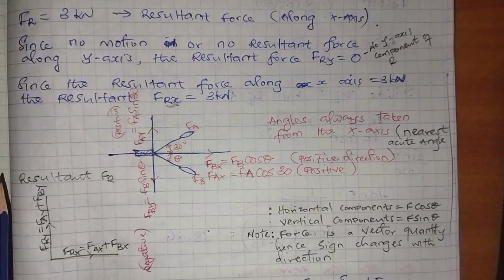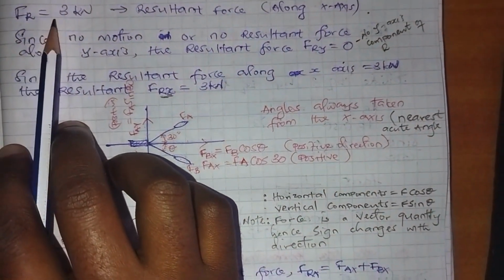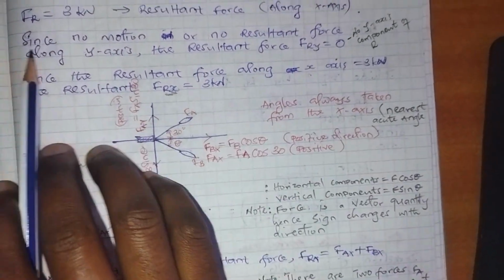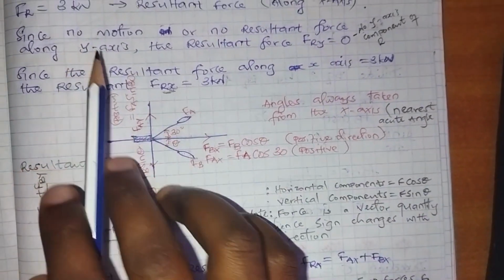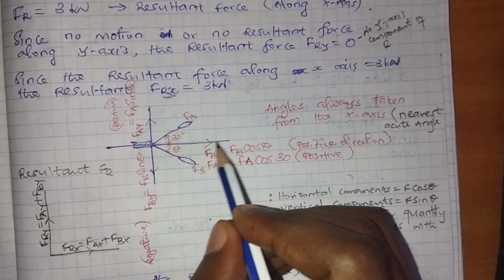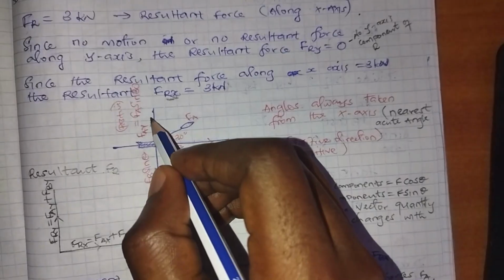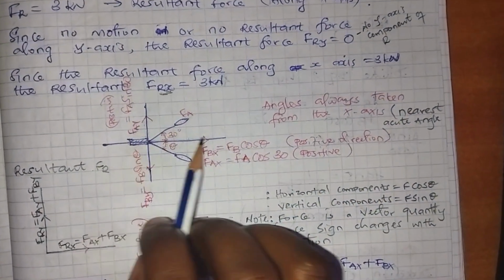You are told the resultant force of the two tugboats is 3 kilonewtons directed along the x-axis. Since there is no resultant force along the y-axis, that is obvious because they want to pull this in this direction, not this direction. They do not need any force that is going to waste. They only need a resultant force going this way.